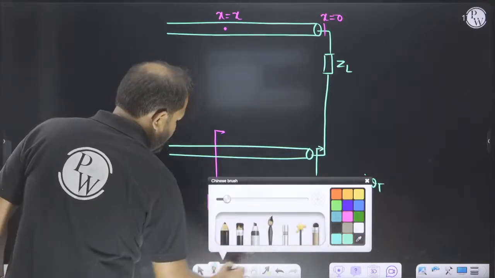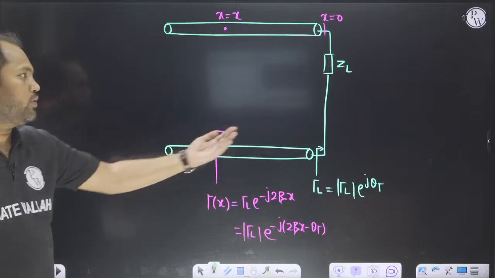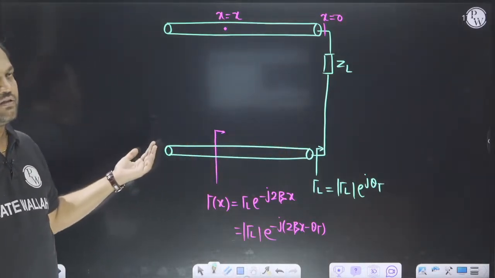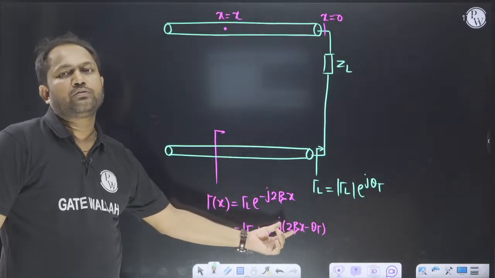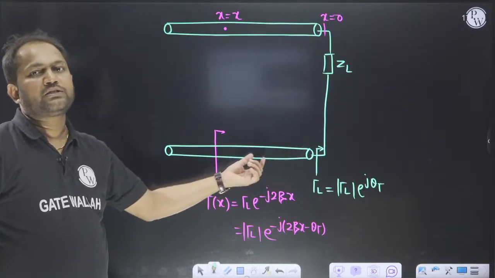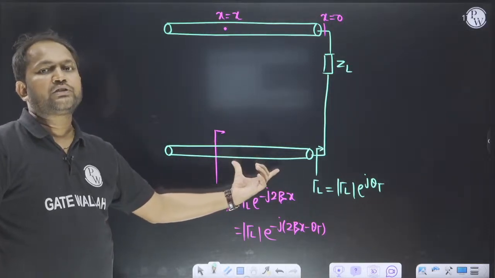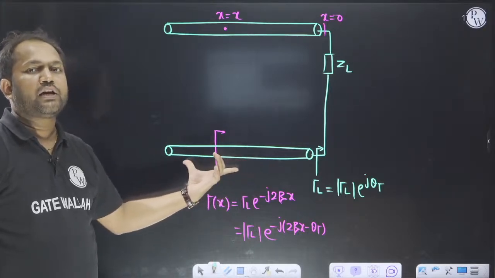How will it change? If you travel from load to source, your distance will change. If the distance is changing, the value of 2 beta x will also change. Here x will be lambda by 4, here lambda by 2, here 3 lambda by 4, here lambda.